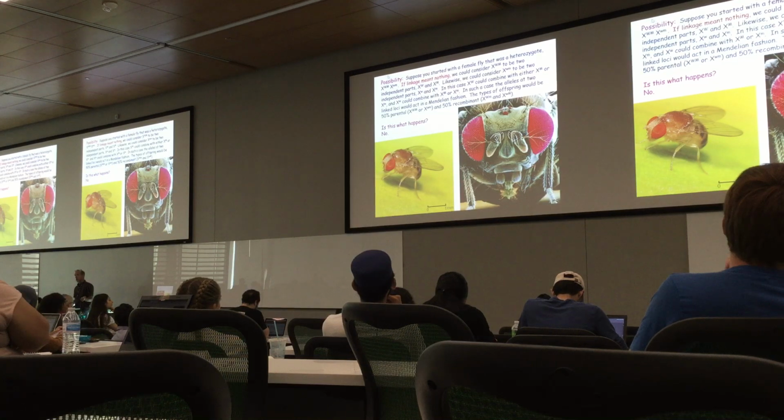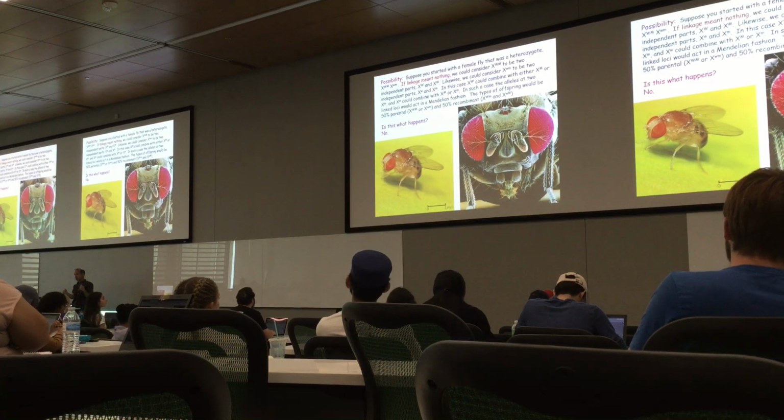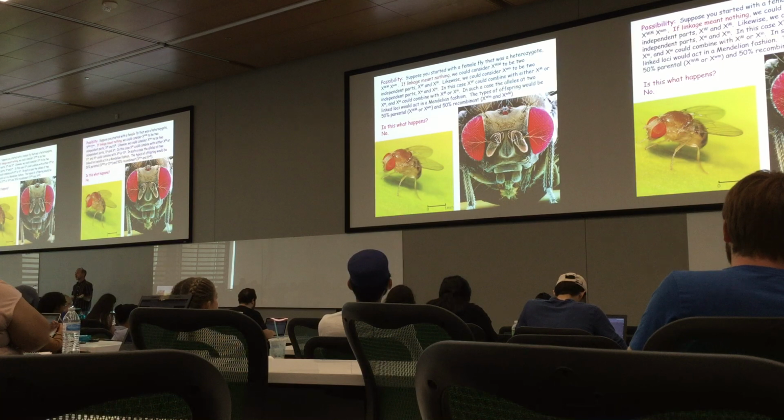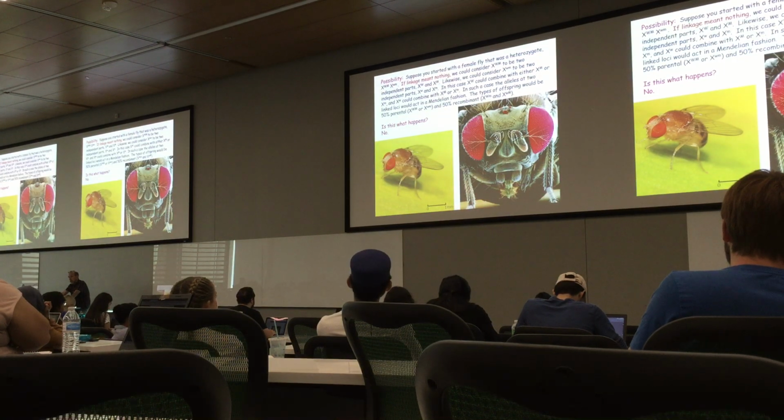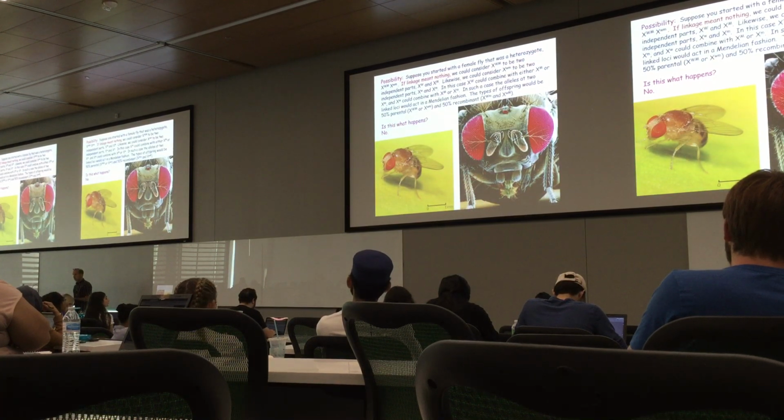Okay, so I've got case one. Case one here is a possibility that we might imagine happening. Let's suppose that we've got X big W and big M on one chromosome, and X small w, small m on the other chromosome. One possibility is that linkage is meaningless, doesn't matter at all. It's possible that the cell will just break everything up into 15 or 20,000 different units and then spit them out to the gametes during meiosis 1 and meiosis 2.